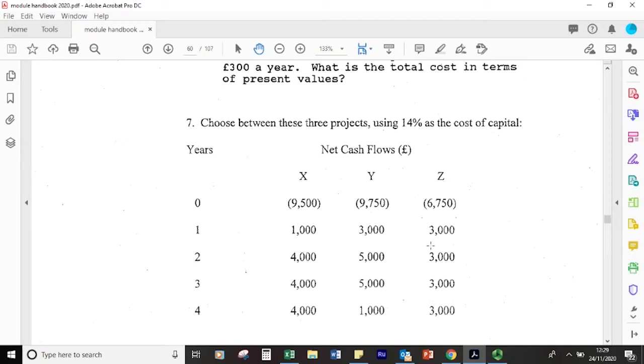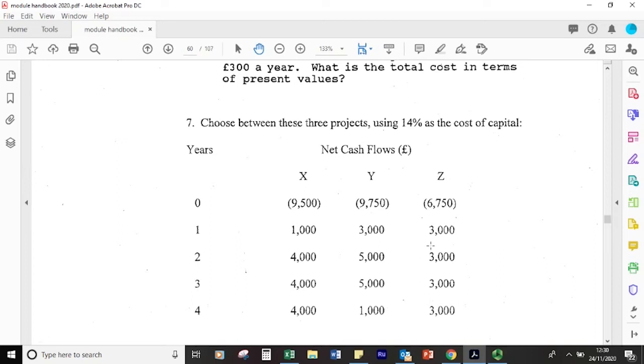So we will do them one by one and choose between the 3 projects using 14% as cost of capital. So with NPV, the rule is if the project is positive NPV, we accept it. However, if you have more than one project, then we choose the project which has the highest NPV. So basically that is the question in this case.